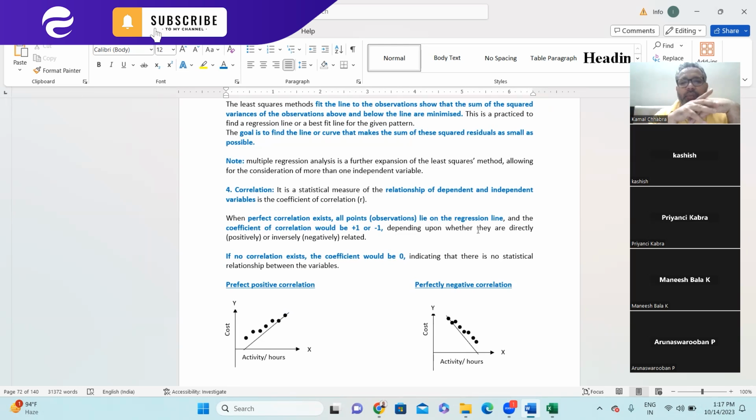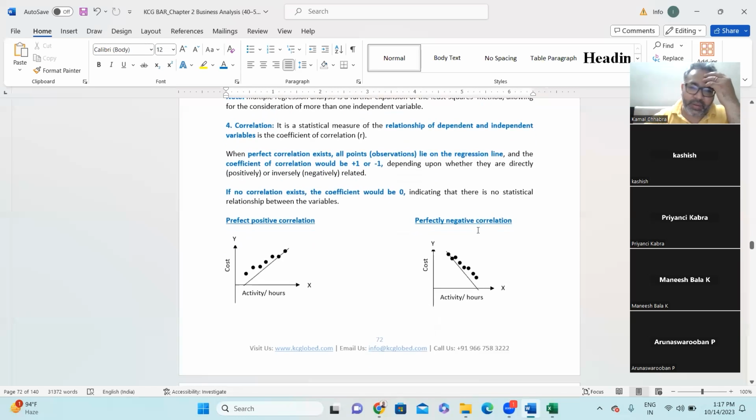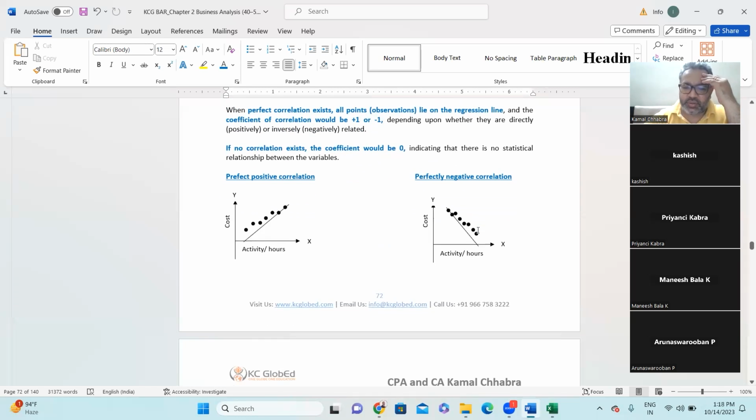And the coefficient of correlation would be either +1 or -1. If it is moving in this direction, it is perfect correlation +1. If it is moving in this direction, then it is perfect correlation -1, depending on whether they are directly, positively, or inversely, negatively related to each other. If no correlation exists, it will be 0. That means the graph should be like this only.